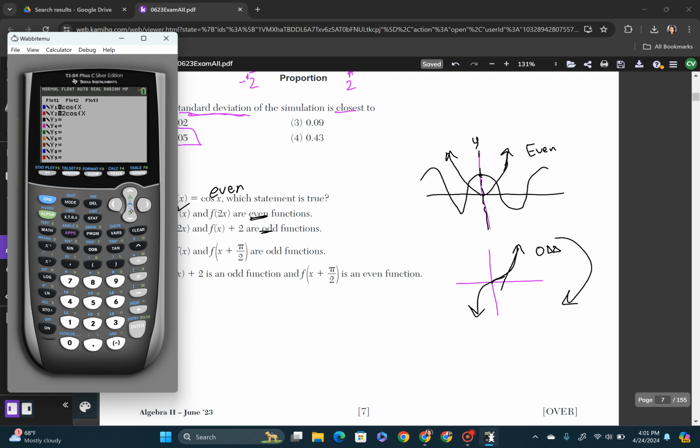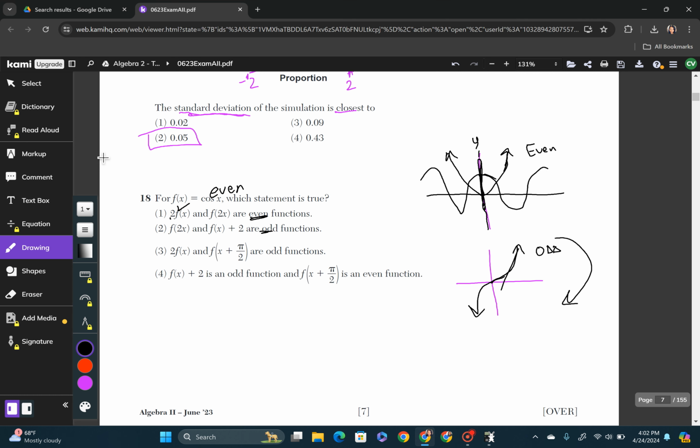So instead of cosine of x, I'm going to put in cosine of 2x. And now let's see if that function is also even. Yeah, there you go. It is, right? If I take it and cut it across the y-axis, it's still going to be symmetric, the same on the left and the right. So choice number 1 is correct.